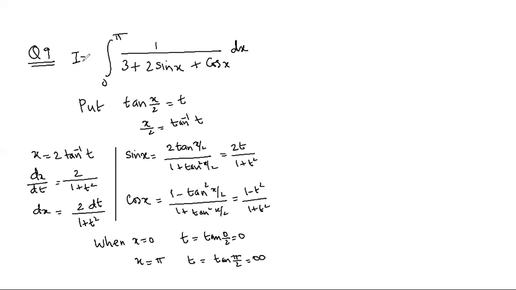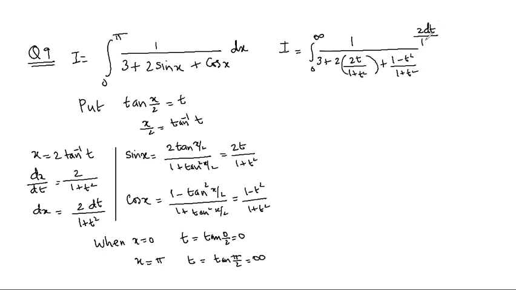So if I call this I, it is the integral from 0 to infinity. dx became 2 dt upon 1 plus t square, so we have 1 upon 3 plus 2 into 2t upon 1 plus t square plus 1 minus t square upon 1 plus t square.